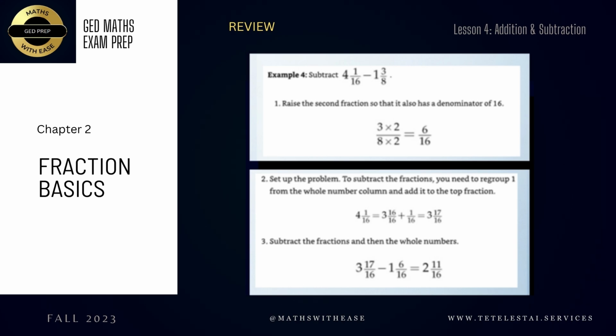Okay, which gives us 3 and 17/16. And now we can go ahead and subtract 3 and 17/16 from 1 and 6/16. And our answer is 2, which we get from subtracting 3 from 1. 2 and 11/16, and 11 comes from subtracting.